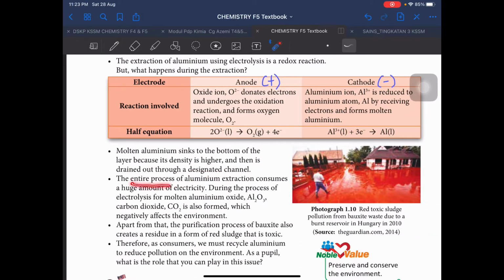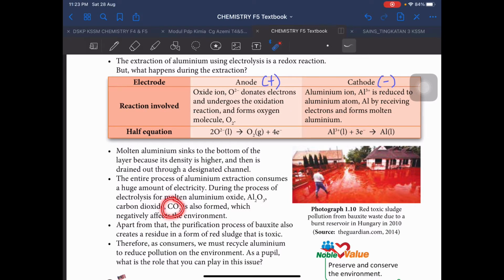The entire process of aluminium extraction consumes a huge amount of electricity. Remember, because of what? Because of its high melting point, 2000 degrees Celsius. During the process of electrolysis for molten aluminium oxide, carbon dioxide is also formed, which negatively affects the environment.